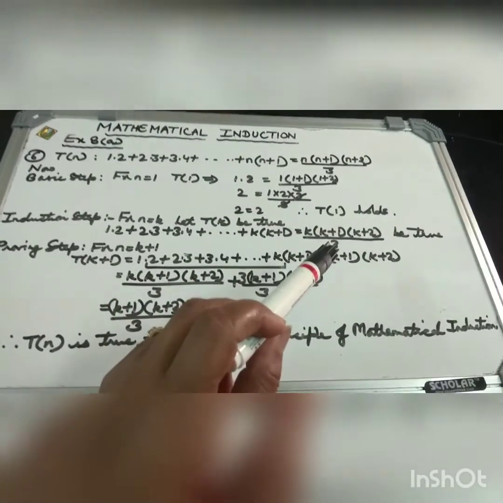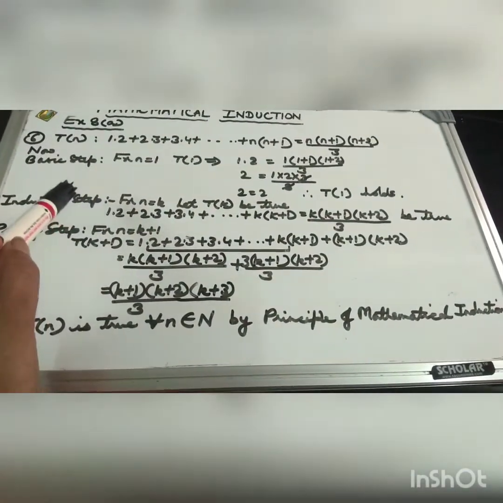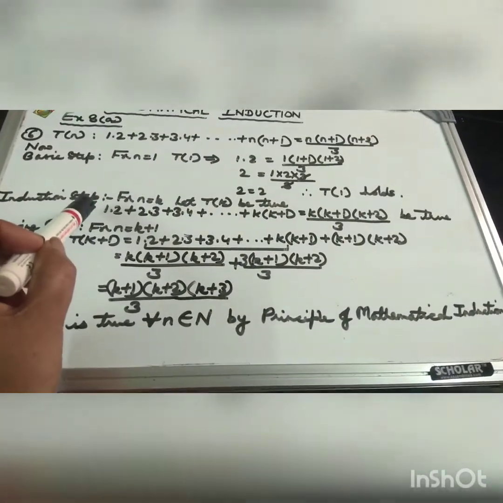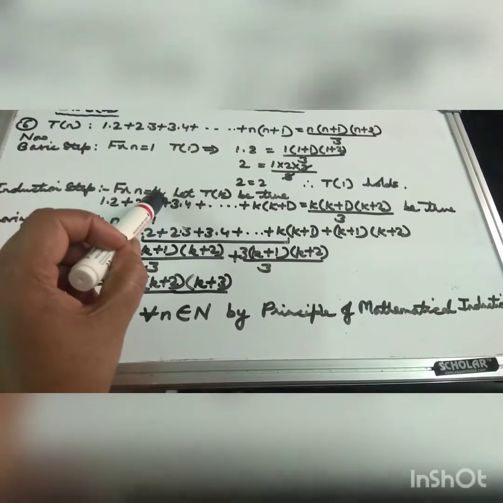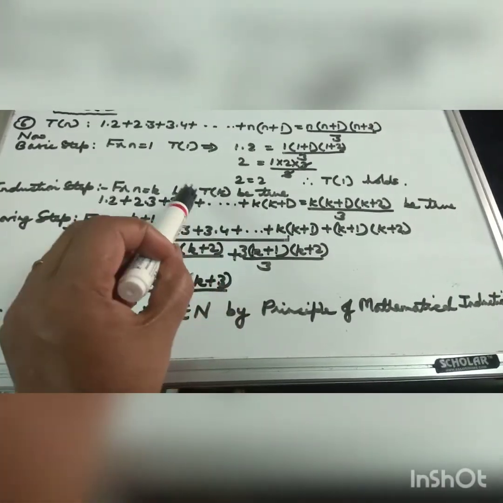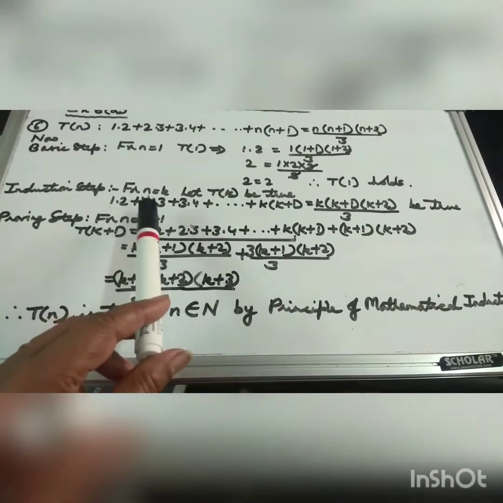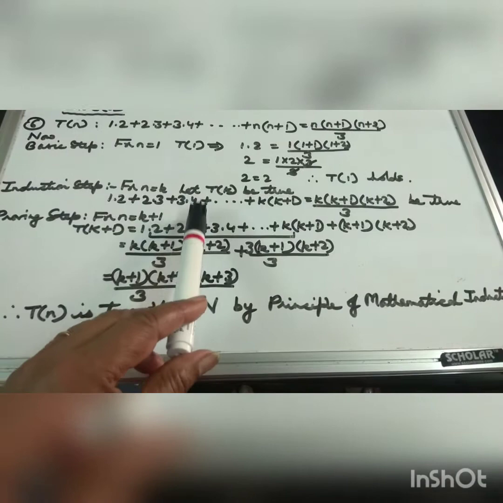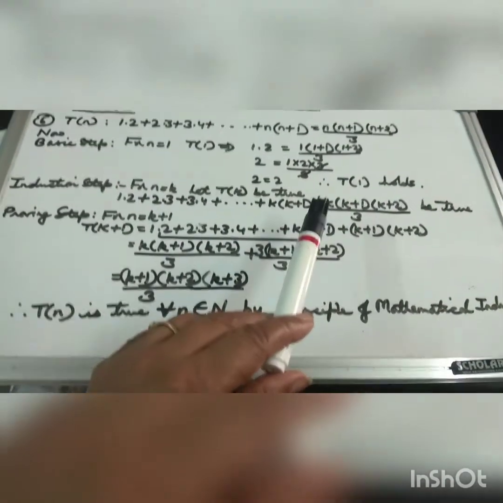Now, if T1 holds, we will go on to the second step, that is the induction step. In the induction step, we will put n equals k and let Tk be true. We are assuming that this is true. Now, 1 into 2 plus 2 into 3 plus 3 into 4 plus up to k into k plus 1.